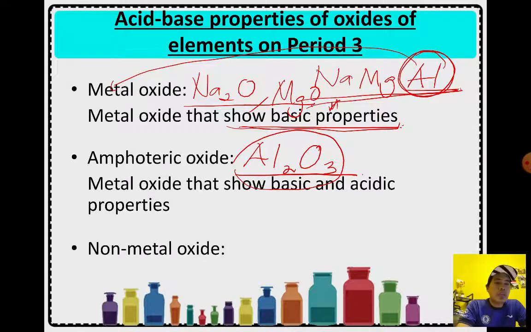And then non-metal oxide dia ada sifat acidic properties, ya. Non-metal oxide show acidic properties, which means it can react with base ataupun react with alkali.